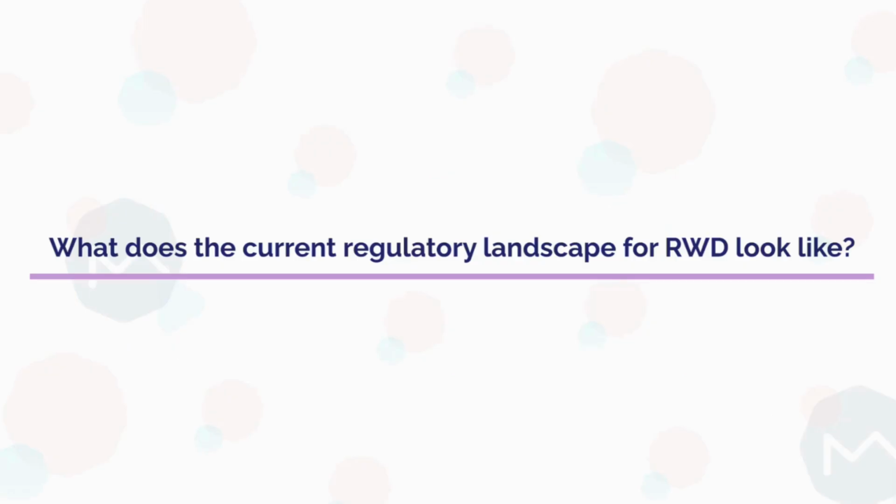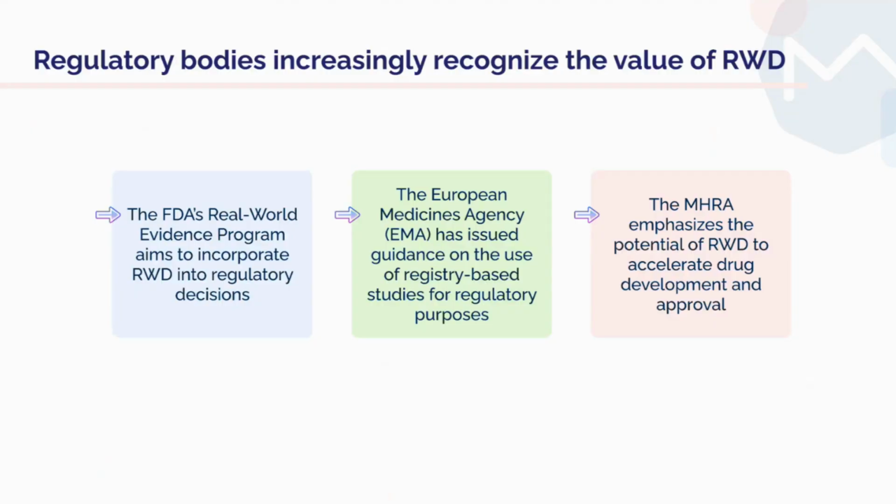So what does the current regulatory landscape for real-world data look like? Regulatory bodies are increasingly acknowledging the importance of real-world data, and there are some clear examples we can point to. For example, the FDA's real-world evidence program, which aims to incorporate real-world data into regulatory decisions.